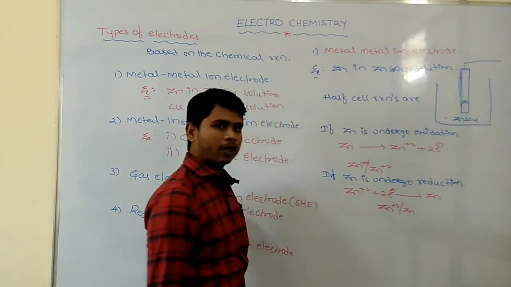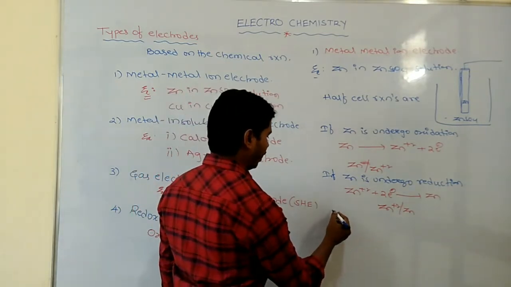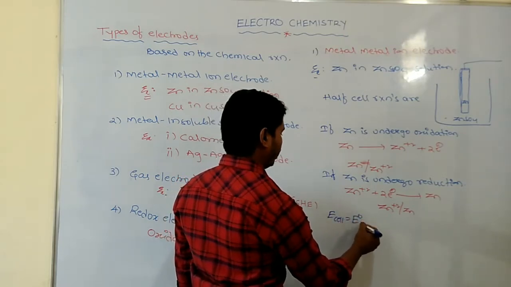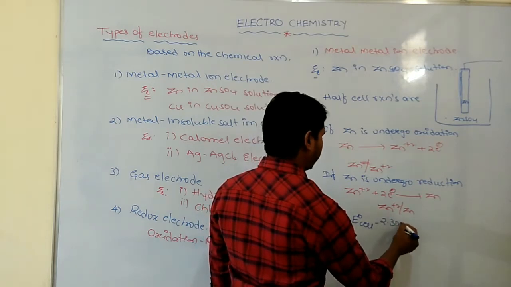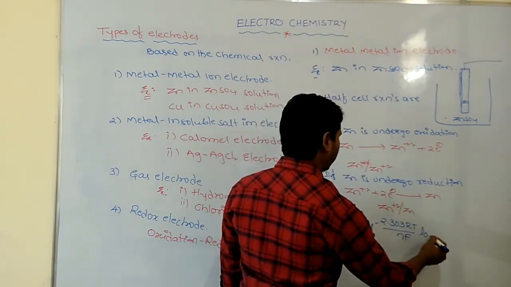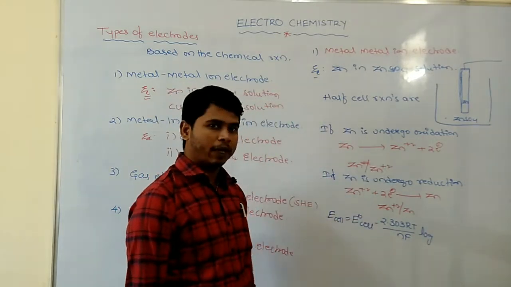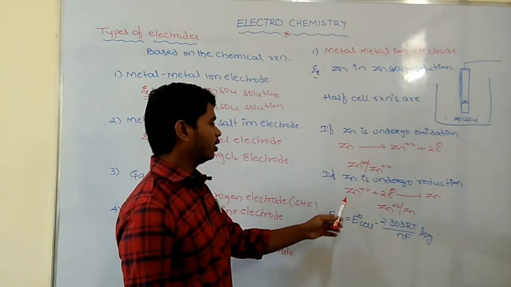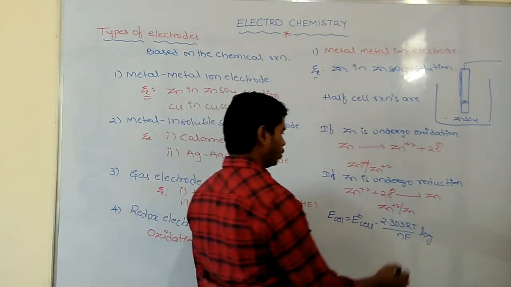Here the cell potential can be calculated as E cell is equal to E naught cell minus 2.303 RT by nF log concentration of metal ion by concentration of metal. Here the overall cell reaction is zinc converted into zinc plus 2.